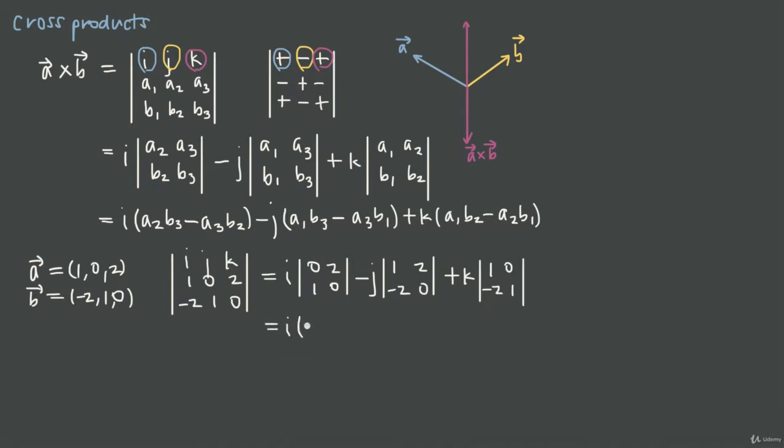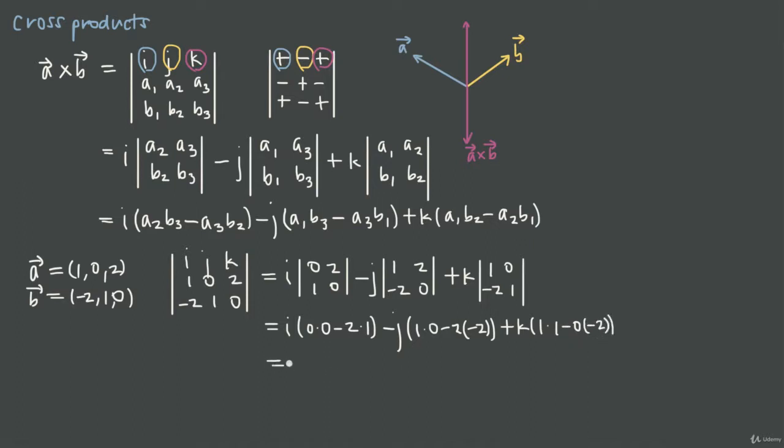So we have i times 0 times 0 minus 2 times 1, minus j times 1 times 0 minus 2 times -2, and then plus k times 1 times 1 minus 0 times -2.